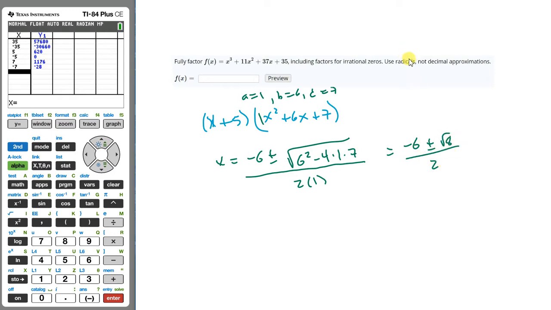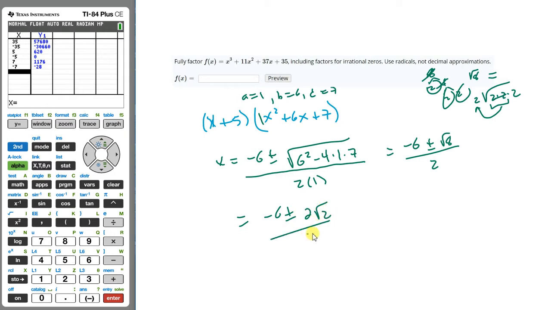Now root 8, as we said before, really factors as 2 times 4, and the 4 is really 2 times 2. So root 8 is the same thing as root of 2 times 2 times 2. Anytime you have a pair of things inside of a square root, you can cross them out and put one on the outside. So I have 2 root 2. So I have negative 6 plus or minus 2 root 2 over 2.